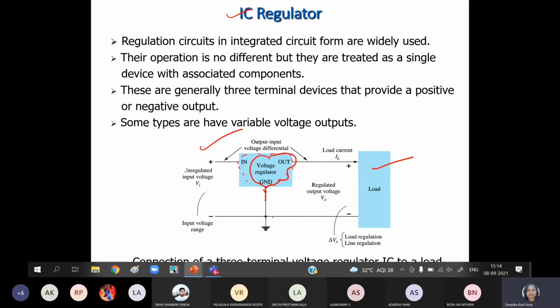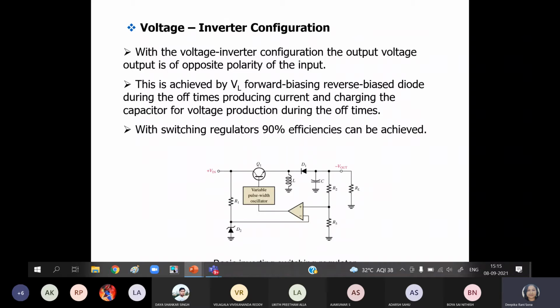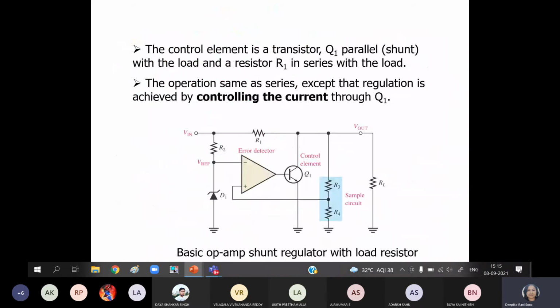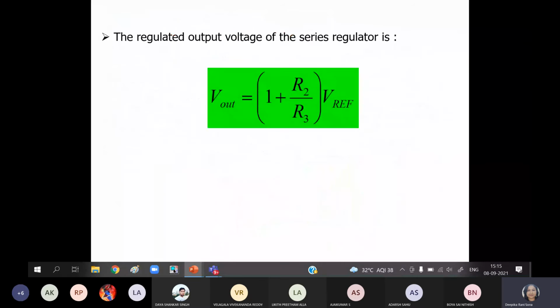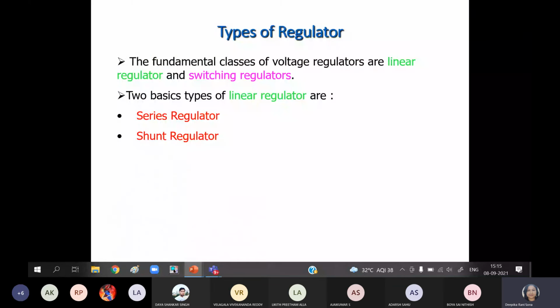The base of the transistor is now grounded, and the Zener diode is also connected internally to the circuit. So that what we may get at the load resistor RL level, we may get the load regulation as well as line regulation. You just go through the formula of load regulation and line regulation. What is the meaning of that? Already it is there in your slides.